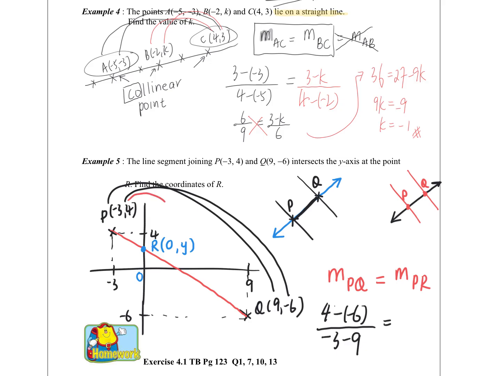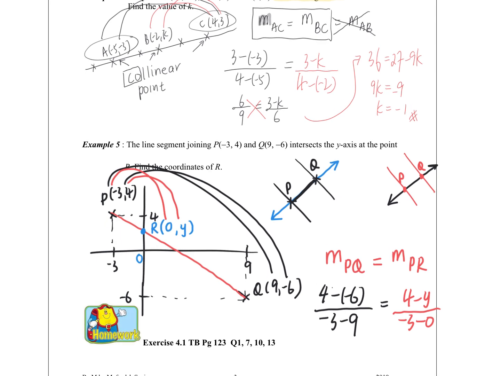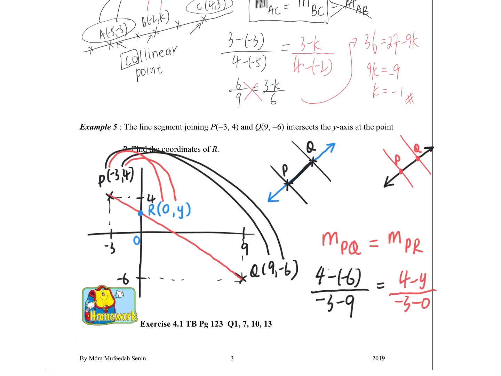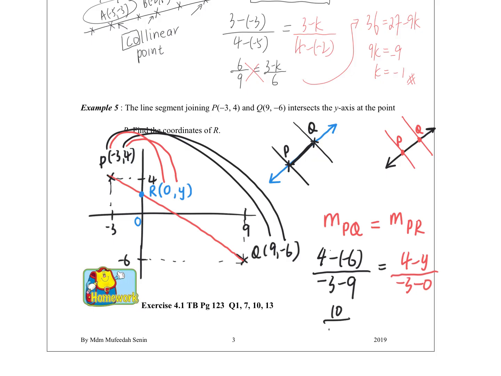So 4 minus y over negative 3 minus 0. Always start from y. Y is on top. I have so many batches of students doing gradient with the difference of x on top, then all your answers are opposite. So don't do that. 10 minus 12... Oh yeah, there's a minus.